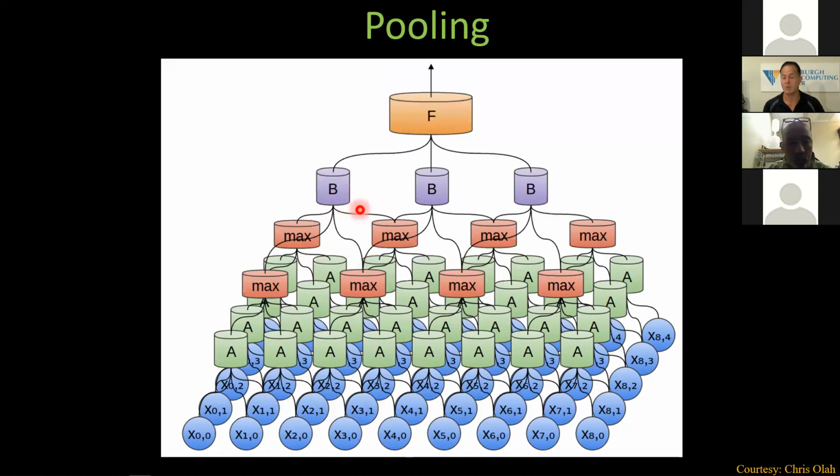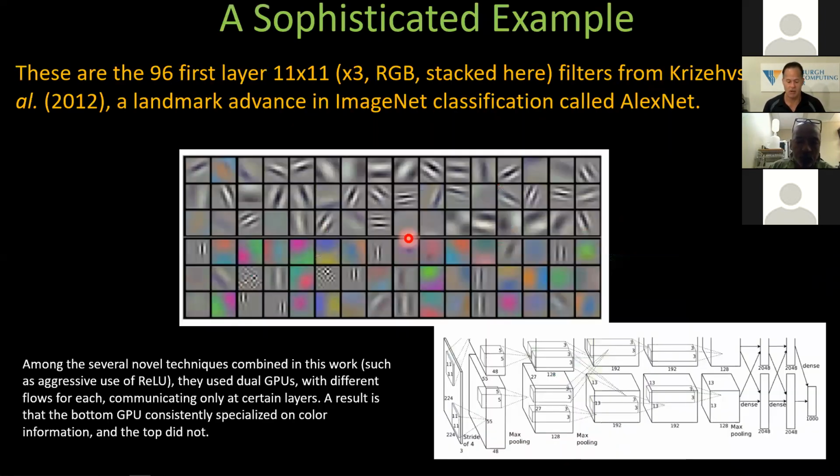And then finally, when we're done and we think we've done a good job at detecting all of the content and pieces in this image, we invariably finish up with a fully connected layer, just a normal, fully connected, all the neurons talk to all the neurons layer, because that allows us to have a lot more abstract reasoning and push out a result which hopefully assembles all the information that these convolutions have squeezed out of the image. So here's what an actual real, very effective network looks like.